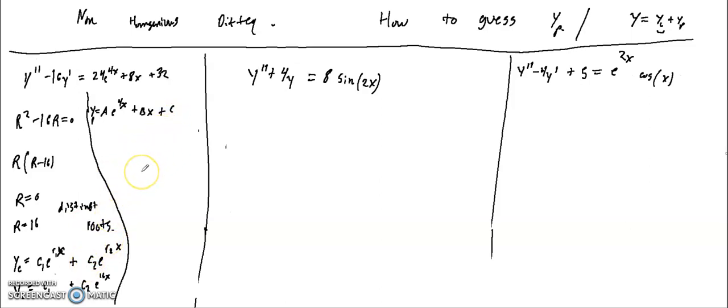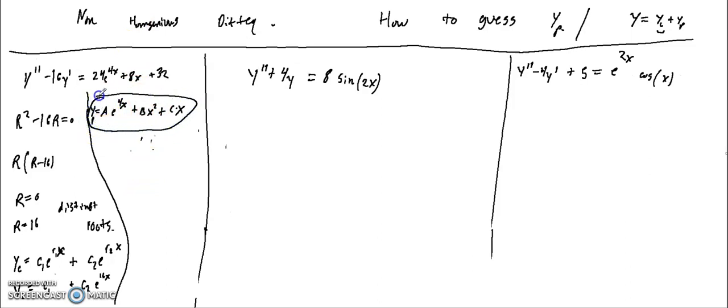Constant plus a constant is still a constant. So it doesn't change anything. So we actually need to multiply this by x. But then again, we add them together, we get bx plus cx. Well, that's just b plus c times x, and a constant plus a constant is still a constant. So we actually need to multiply this by x as well.